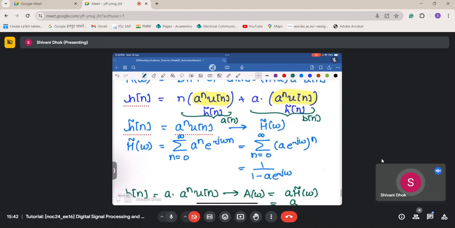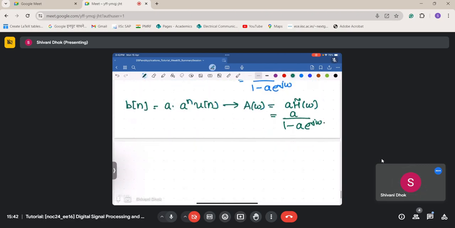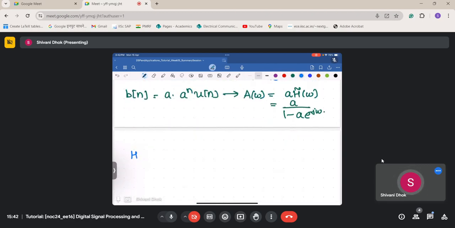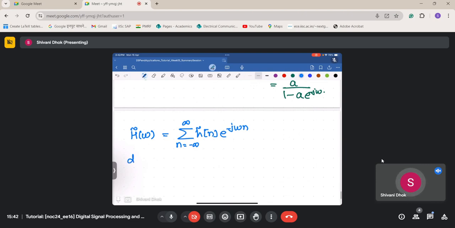Now for n into h tilde of n, what we have here is H tilde of omega as summation n running from minus infinity to infinity h tilde of n into e power minus j omega n. Now let us differentiate this with respect to omega. This comes out to be summation n running from minus infinity to infinity h tilde of n into e power minus j omega n into minus j n.